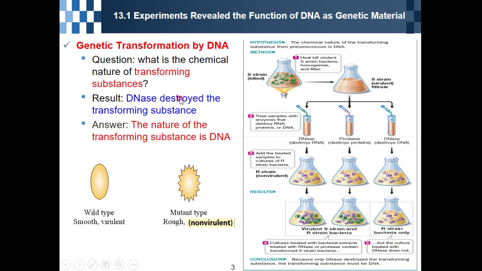After that, another experiment is like this. The question is, what is the chemical nature of the transforming substance? Is the transforming substance RNA or protein or DNA? We don't know at that time.